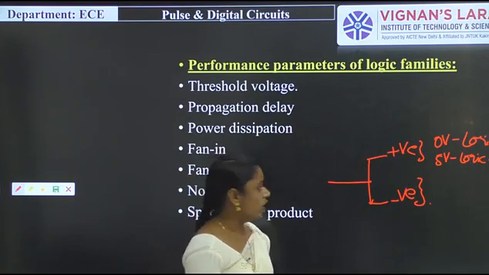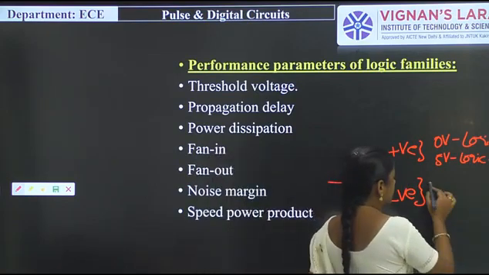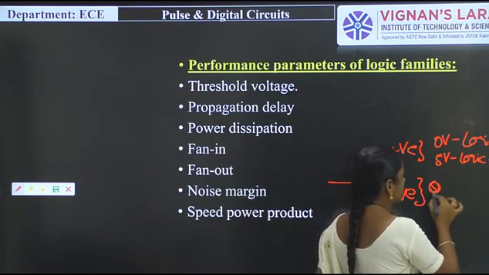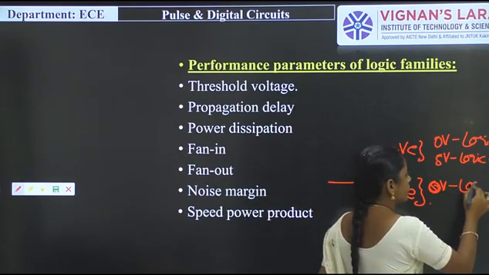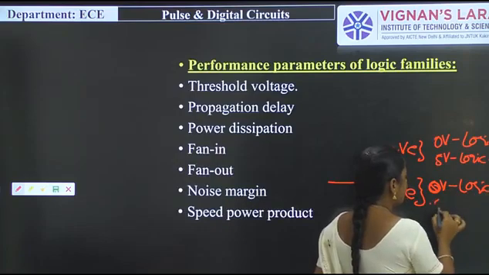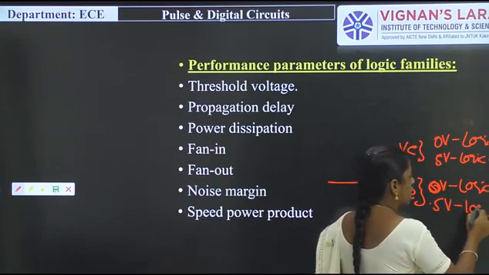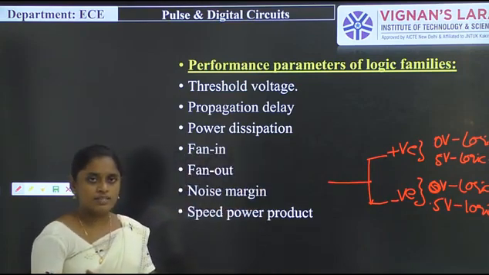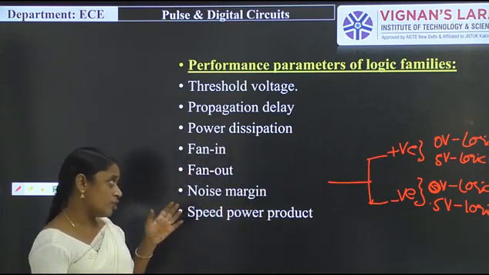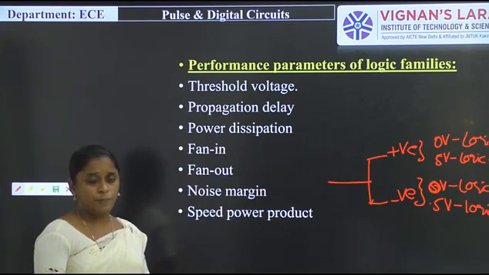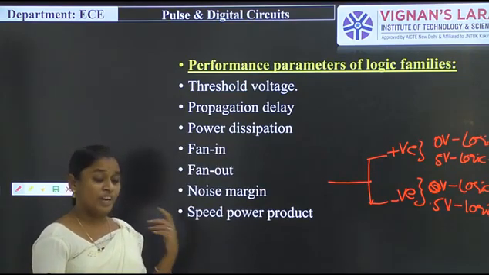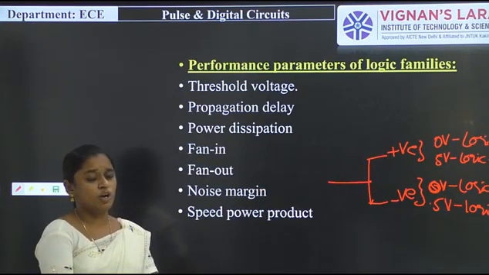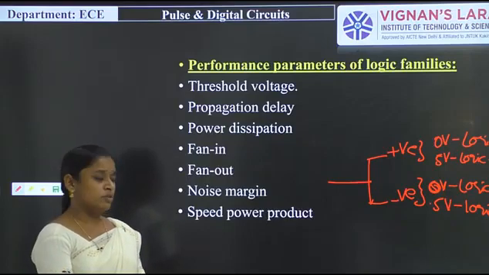Coming to negative logic, 0 volts is represented with logic 1 and 5 volts is represented with logic 0. This type of connection is known as negative logic. In most cases we use positive logic only, because humans are familiar with positive logic. That's why we use positive logic.